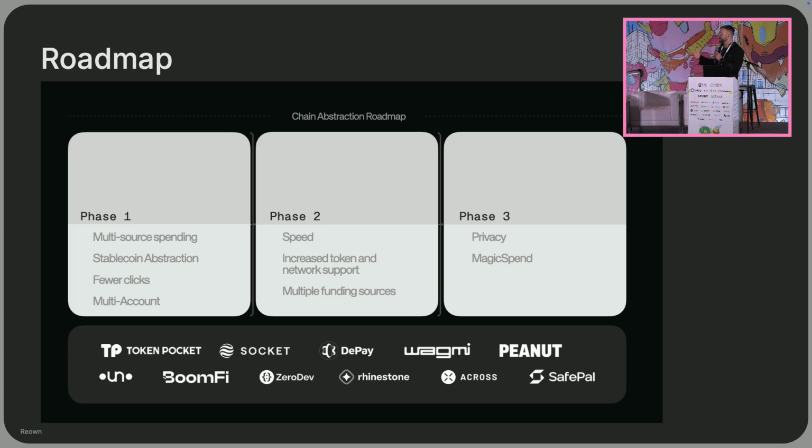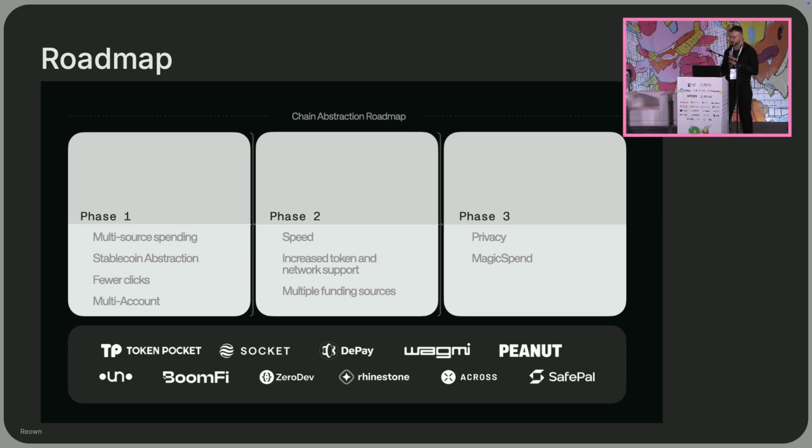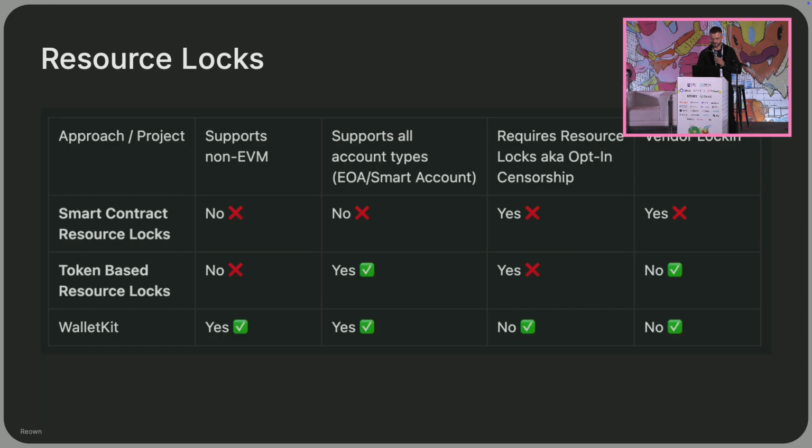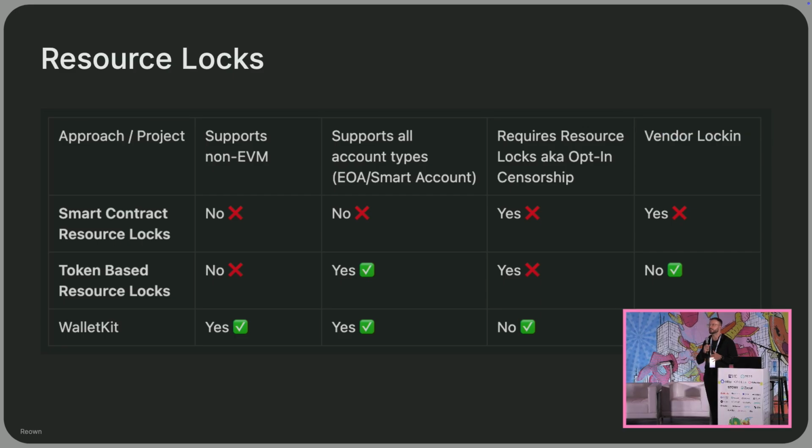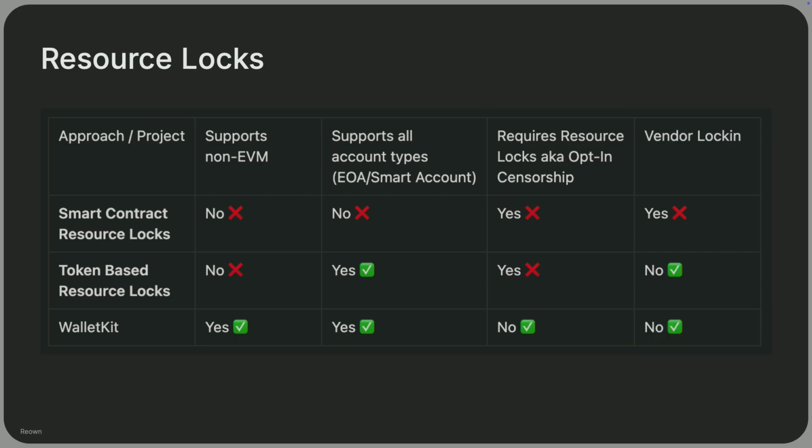Once we have the SDK in wallets and in apps, we want to later improve on the speed through employing resource locking strategies. And a quick word on those resource locks. Resource locking is a strategy for latency improvement for chain abstraction.